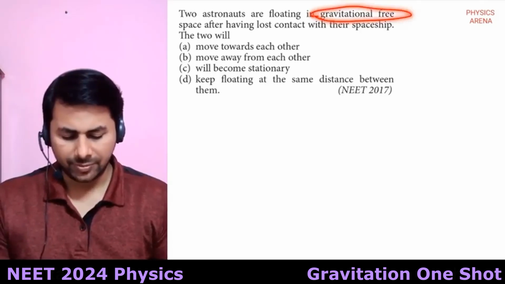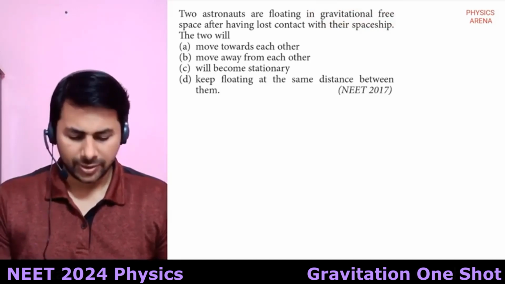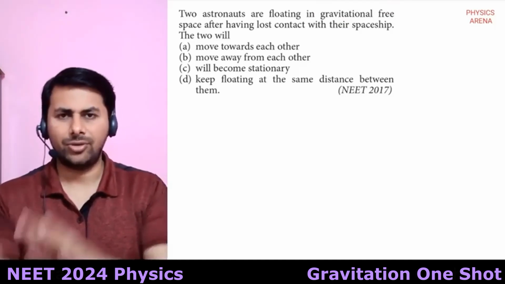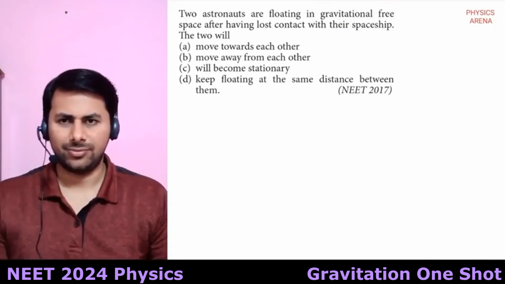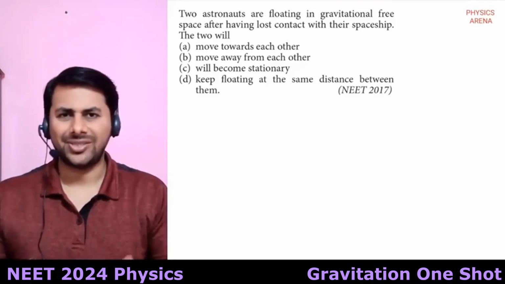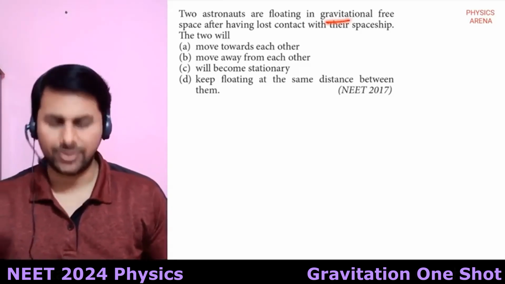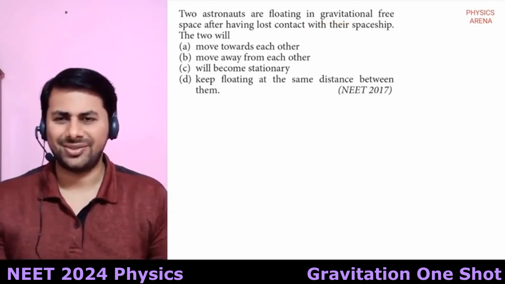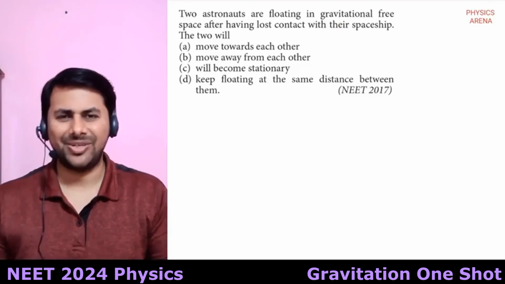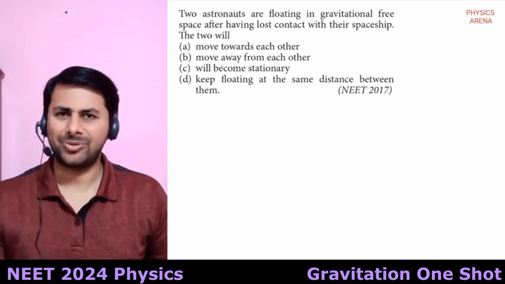If there is no gravitation, so now what will happen? Gravitation free space means there is no external gravitation. It means that there is no big planet or star whose gravitational field would be there. But these two astronauts, they will attract each other, right? There is nothing like a planet or star whose gravitational force would be there.